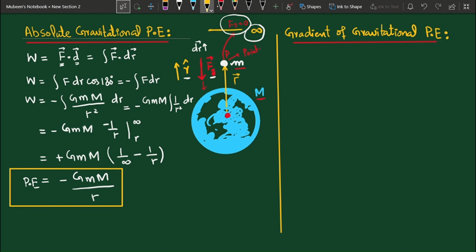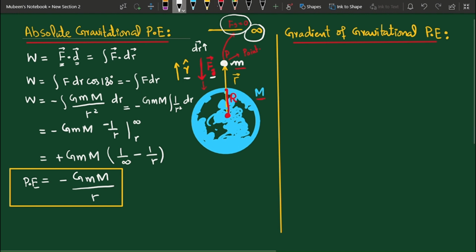Now, if we calculate the absolute gravitational potential energy at the surface of Earth, then our distance will be from the center of Earth to this point. For example, this will be equal to capital R, the radius of Earth.